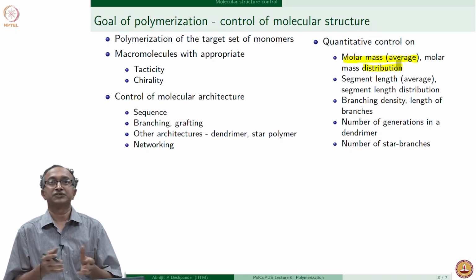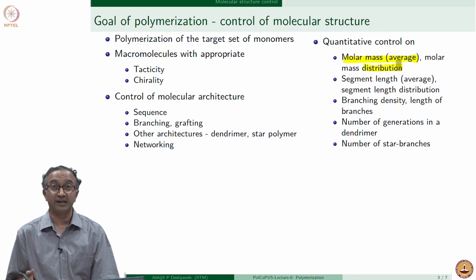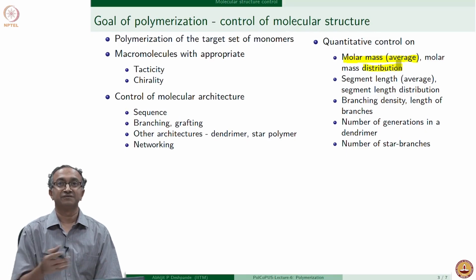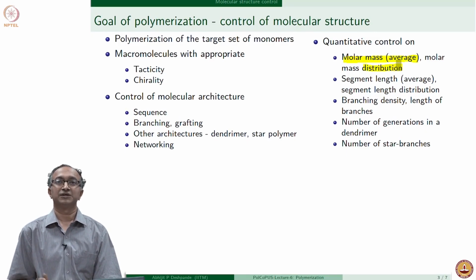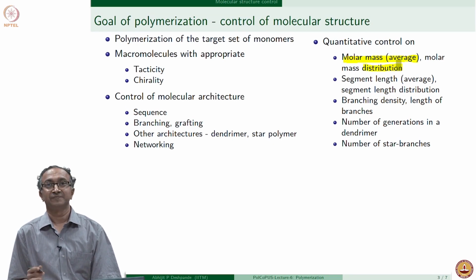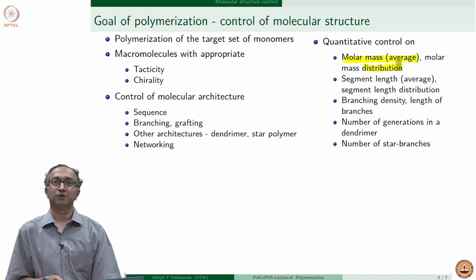What industries try to do is to calculate this online and then use that in their feedback control strategy so that they obtain a precise molar mass distribution in their final product. And as we have repeatedly said, molar mass distribution defines the properties of the bulk sample.